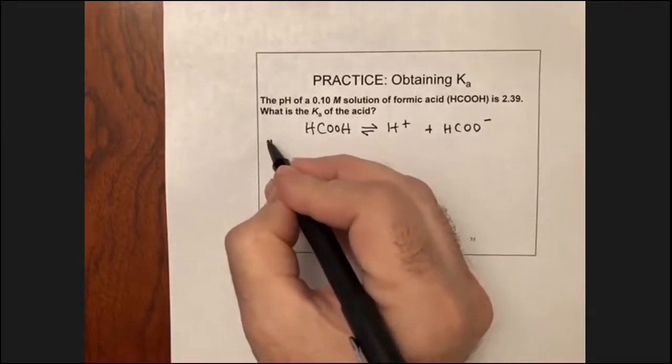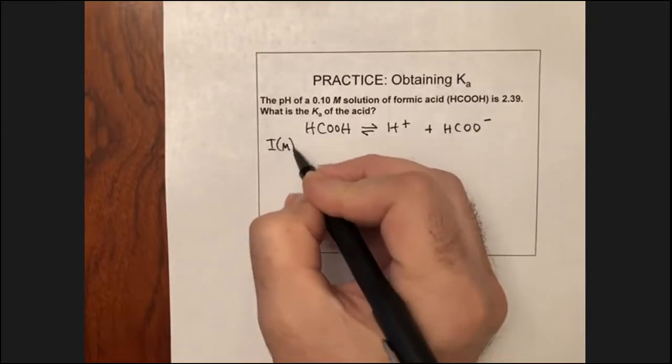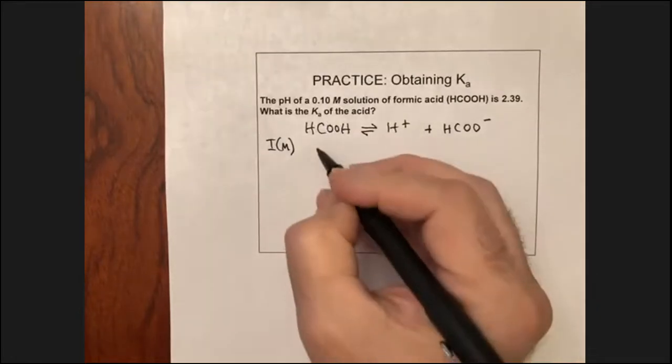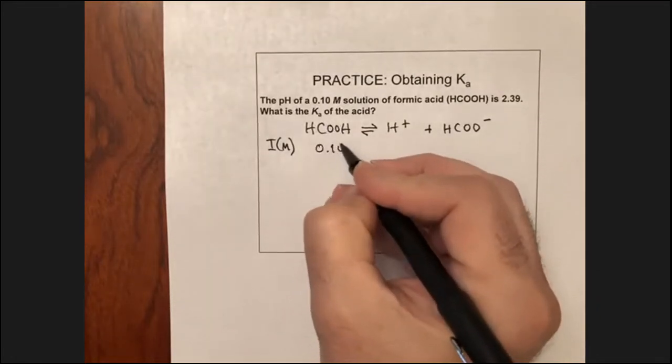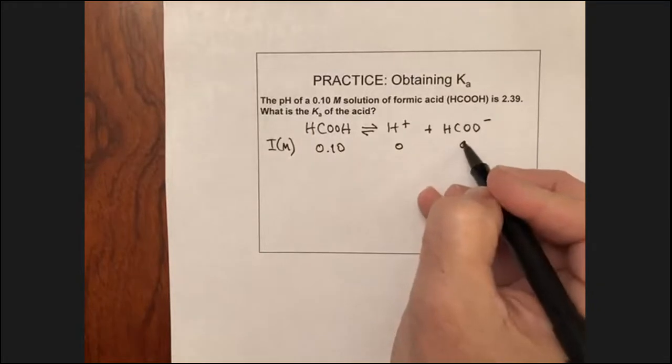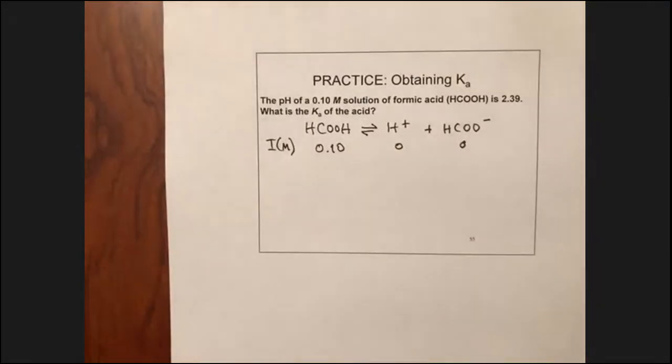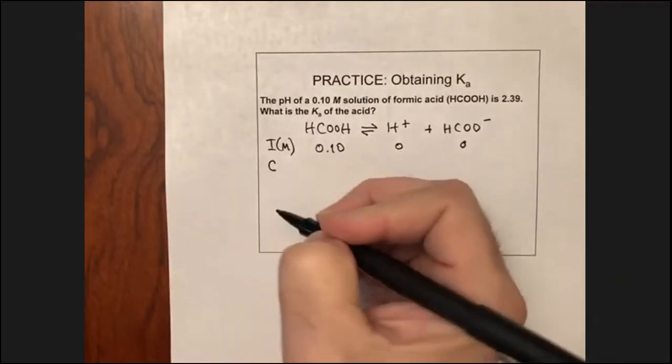So let's start out our ICE table, and we'll go with molarity here. It says this is 0.10 molar. And of course, we start out with no ionization products. Let's see what the change is.